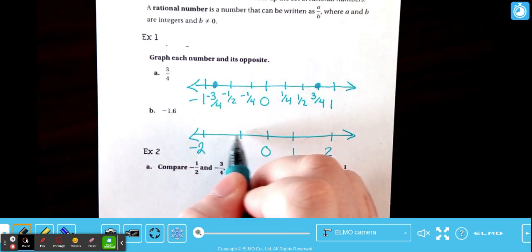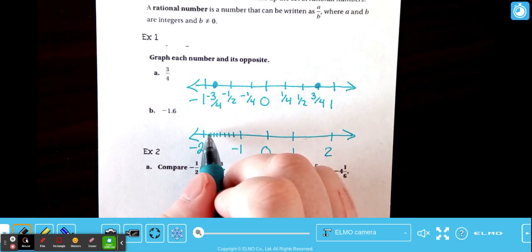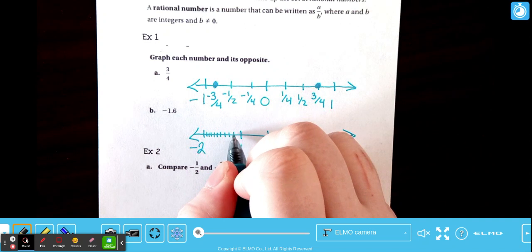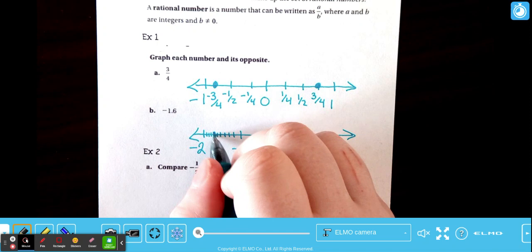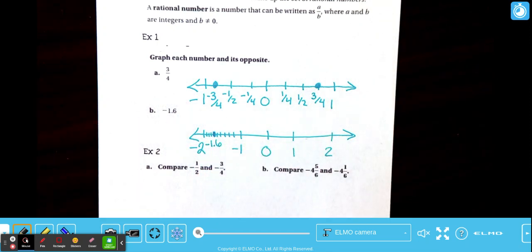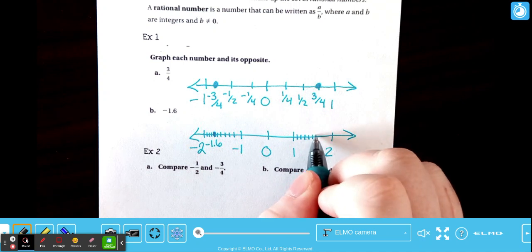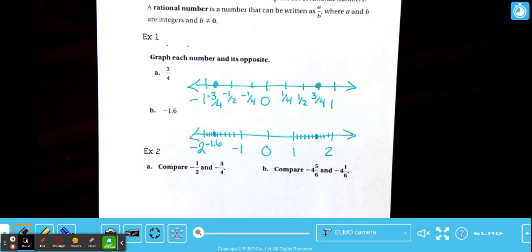So we have -1 and 1/10, 2/10, 3/10, 4/10, 5/10, 6/10, 7/10, 8/10, 9/10, and then 10/10 is -2. Okay, so 0.1, 0.2, 0.3, 0.4, 0.5, 0.6 is where we'll put the dot. Okay, we're going to do the same thing on the other side. So +1, 1.1, 1.2, 1.3, 1.4, 1.5, 1.6, put a dot, 1.7, 1.8, 1.9, and 2.0.